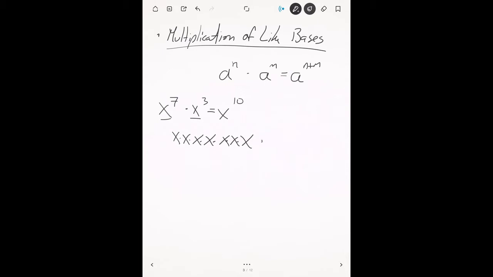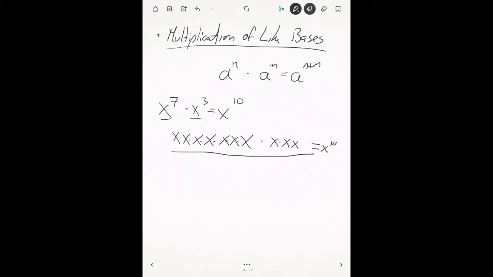And then I'm also multiplying 1, 2, 3 x's for x cubed. Isn't this just essentially me multiplying together 10 x's? Yeah, that's essentially what it is. There's no difference between me saying multiply 7 x's and then 3 x's, or just multiply 10 x's, because that's how many I have. That's the idea with this, okay?